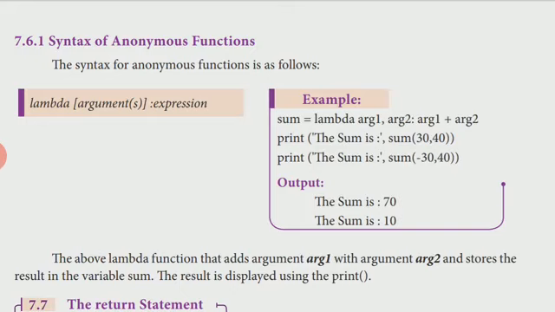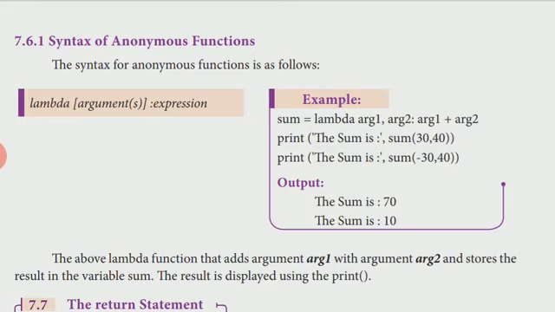Then after the colon you can write the expression, that is, the process you have to do. See the example here: sum equal to lambda argument 1 comma argument 2 colon argument 1 plus argument 2. Here they gave two arguments, with which they are going to add the numbers.